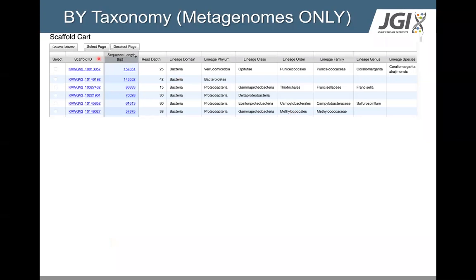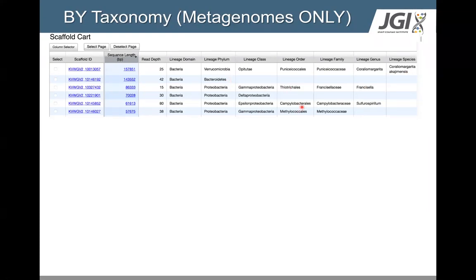What's shown here is individual scaffolds from, in this case, the same sample, ordered by their sequence length. Each scaffold receives a taxonomic affiliation. The very first scaffold here is assigned down to the genus and species level, whereas the second one is only assigned to the phylum Bacteroidetes, and so on.